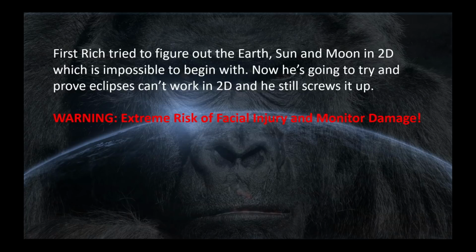But okay, we got beyond that. Now he's going to try and prove eclipses can't work in 2 dimensions, which you actually can model that way, and he still screws it up.